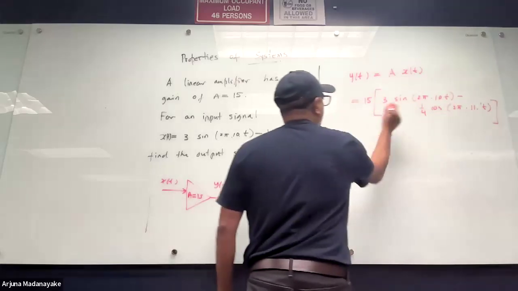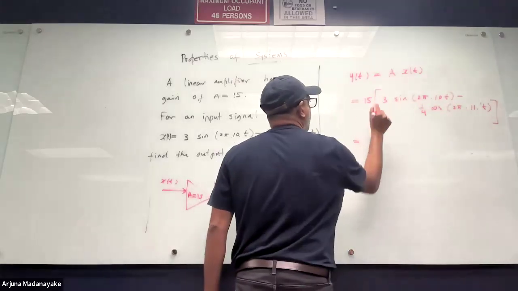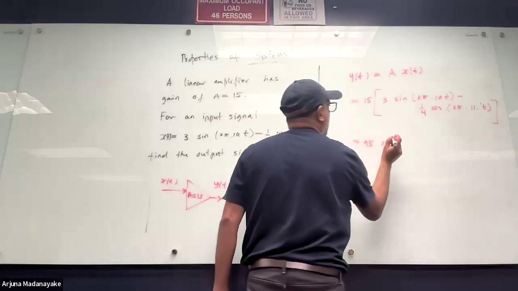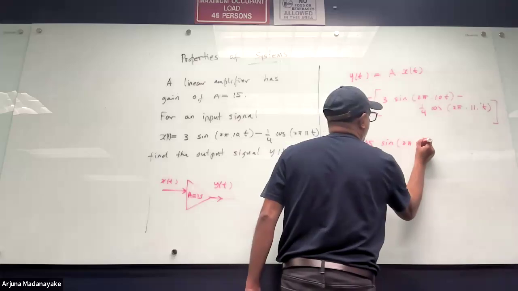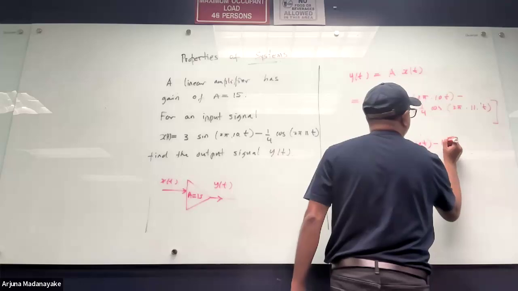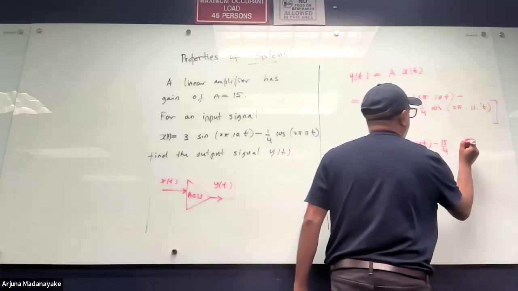Okay. So I can simplify. 3 times 15 is 45 sine 2 pi 10 t minus 15 over 4 cos 2 pi 11 t.